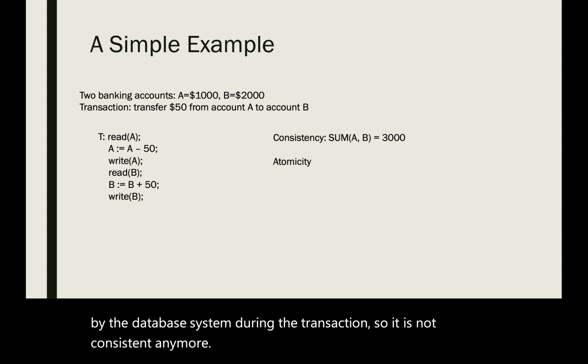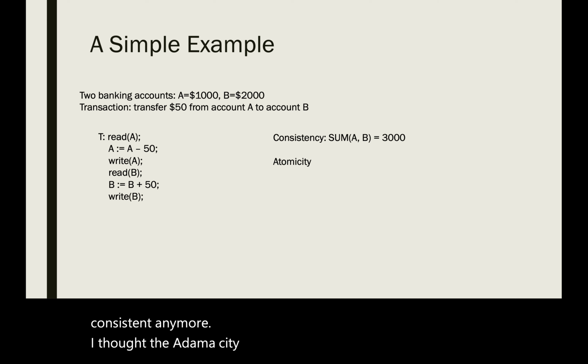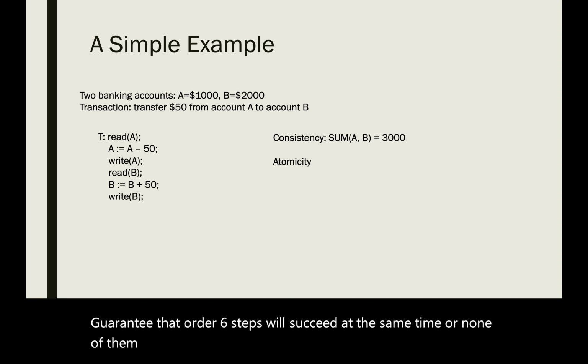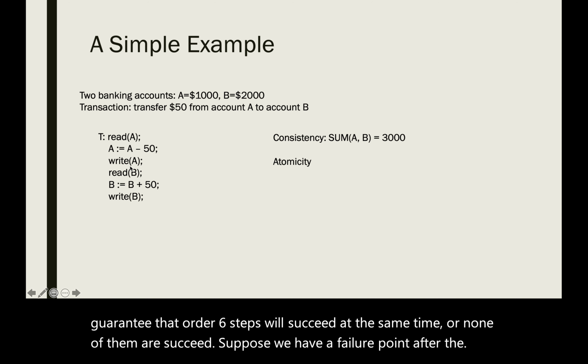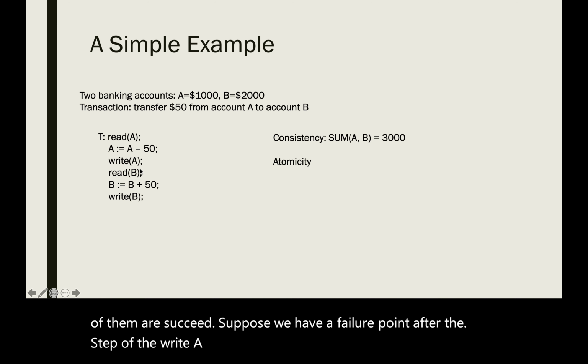So atomicity guarantees that all the 6 steps will succeed at the same time, or none of them will. Suppose we have a failure point after the step of writing A back to the database system, and the remaining steps failed.